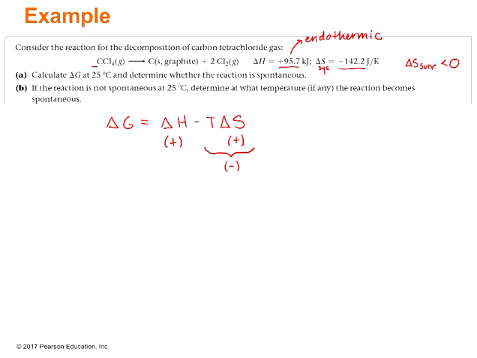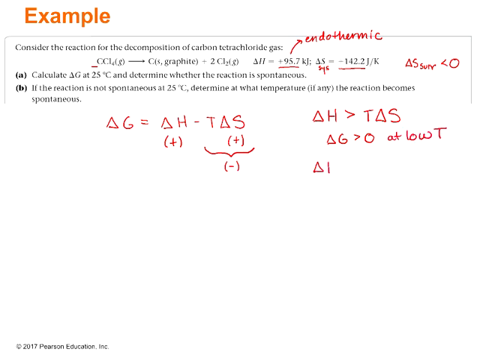All right, so if delta H is greater than T delta S in magnitude, that means that temperature is low. And then delta G will be overall positive, right? Because delta H is positive, and if its magnitude is greater, then delta G will be positive at low temperature.